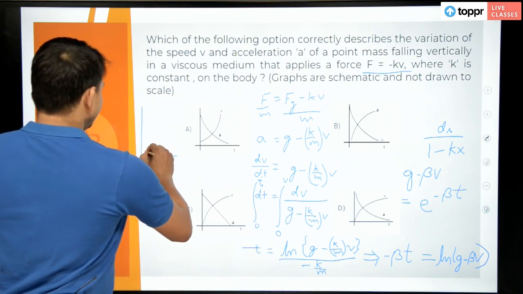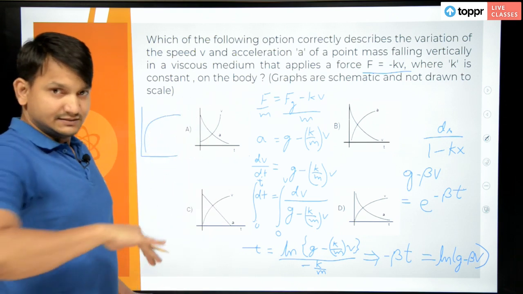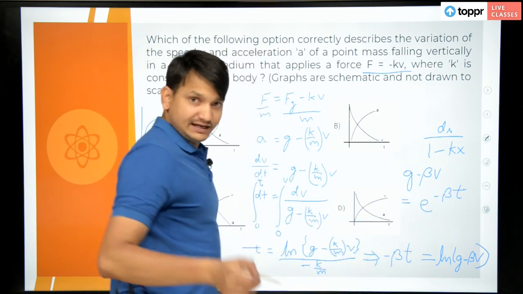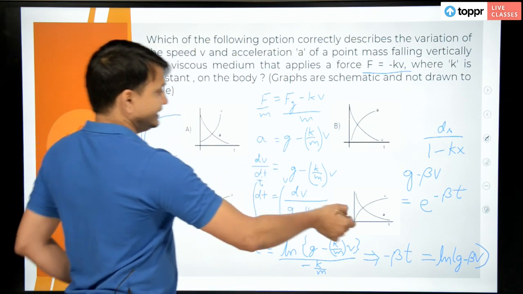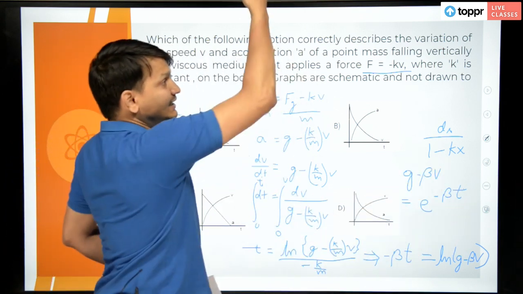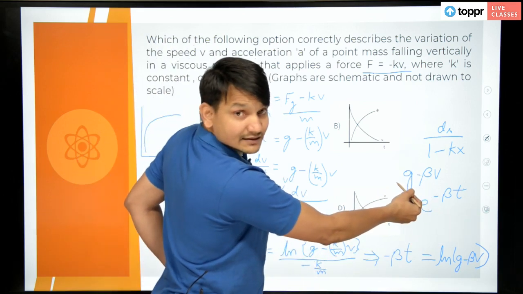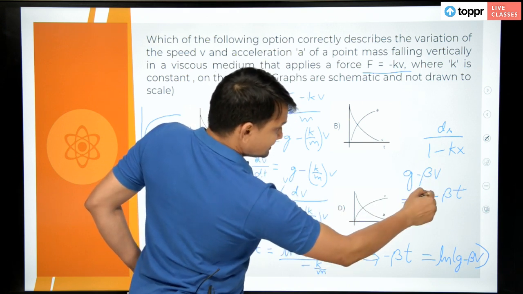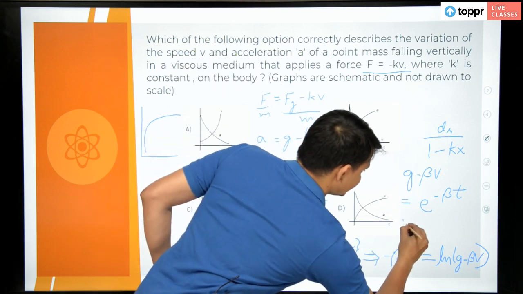V is growing, but after some time it is getting stagnated, because e to the power minus beta t grows, but it gets stagnated. If you consider only this part, it goes something like this, but we have a minus sign here, right? Means if you take v only, we are getting minus, it would be something if we consider this.